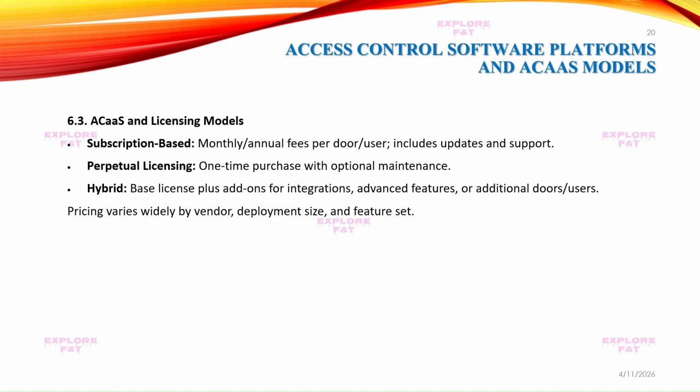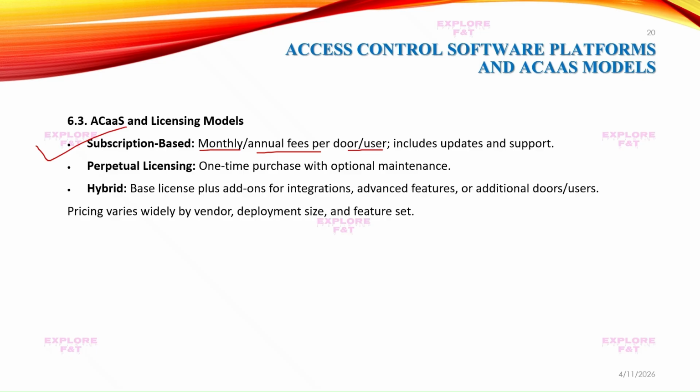Some licensing models are also there. So ACAS and licensing models. Some have a subscription-based licensing model. If you want a license, some of these are subscription based, where they provide you services for a monthly or annual fee per door or per user, including updates and support.